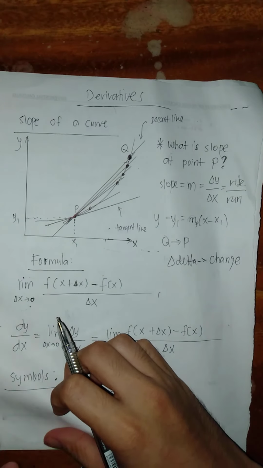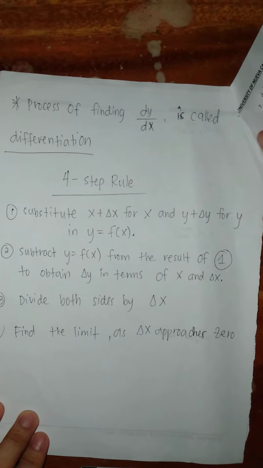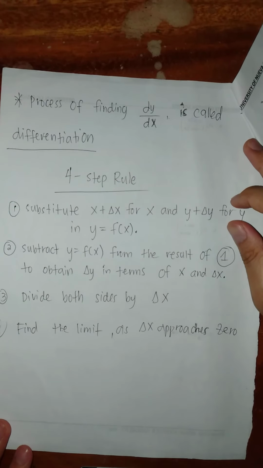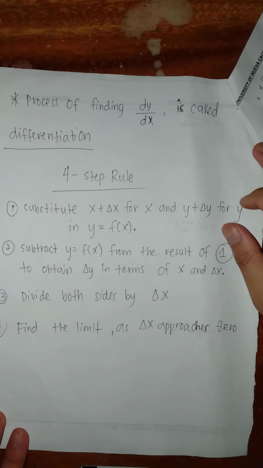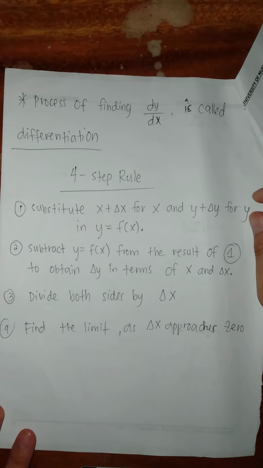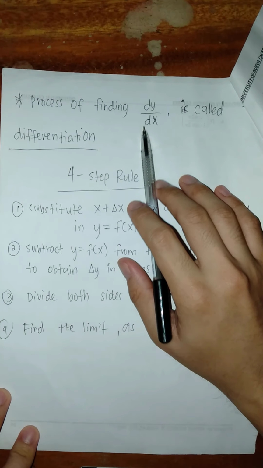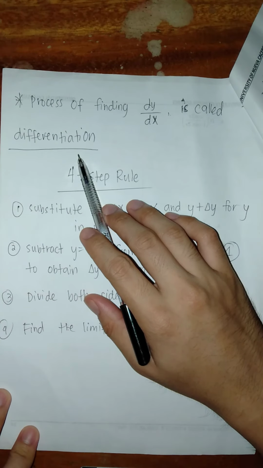Let's talk about the steps, or the process, of finding the derivative. I have here the 4-step rule in finding the derivative. The process of finding dy over dx is called differentiation.